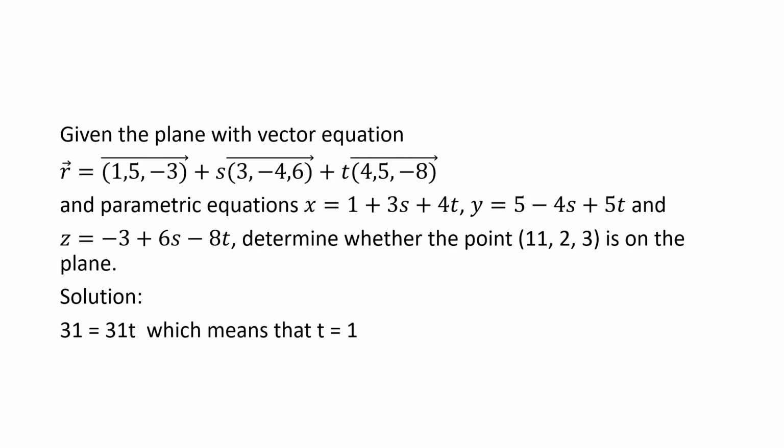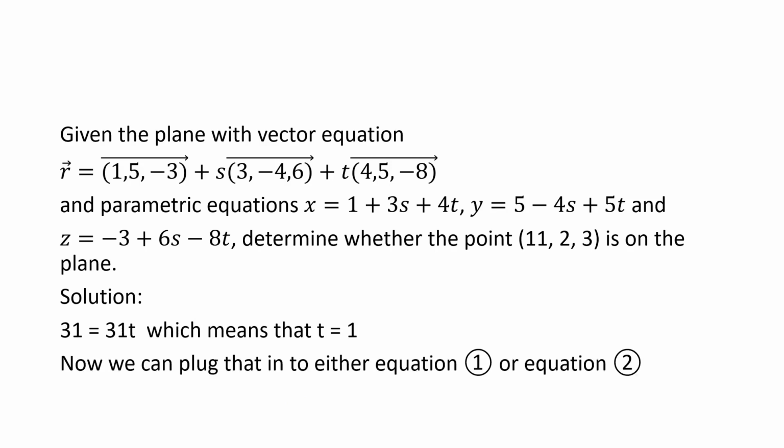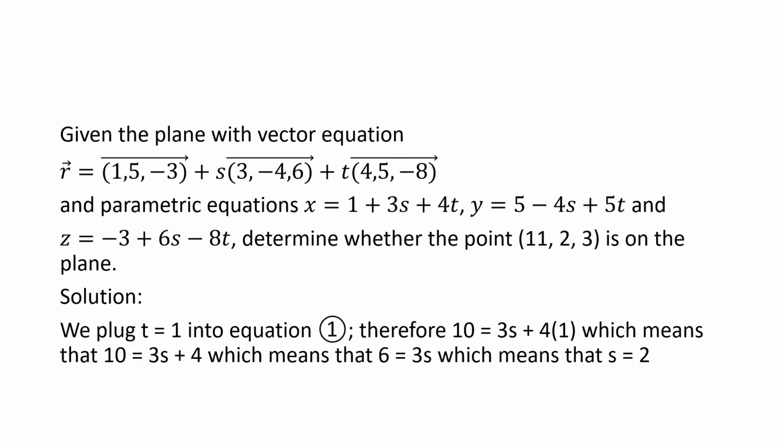So now that we know t is equal to 1, we sub that into either equation 1 or equation 2 from earlier to find out what s equals. And when we do that, we ultimately get that s is equal to 2. So we have s equals 2 and t equals 1. What we're going to do now is see when s equals 2 and t equals 1 if this expression for z equals 3.